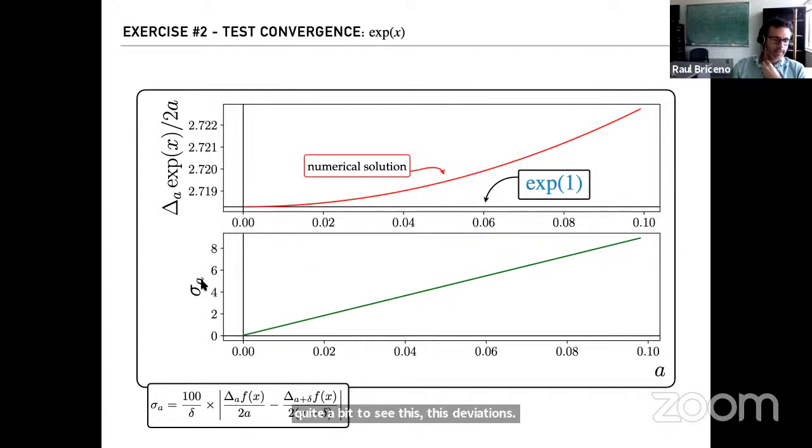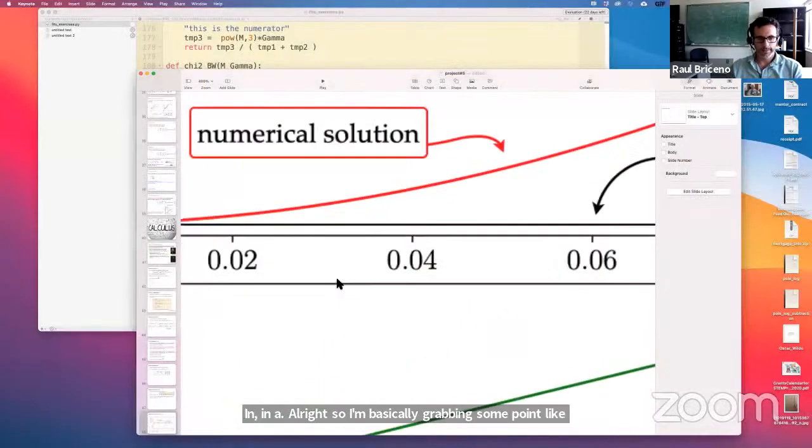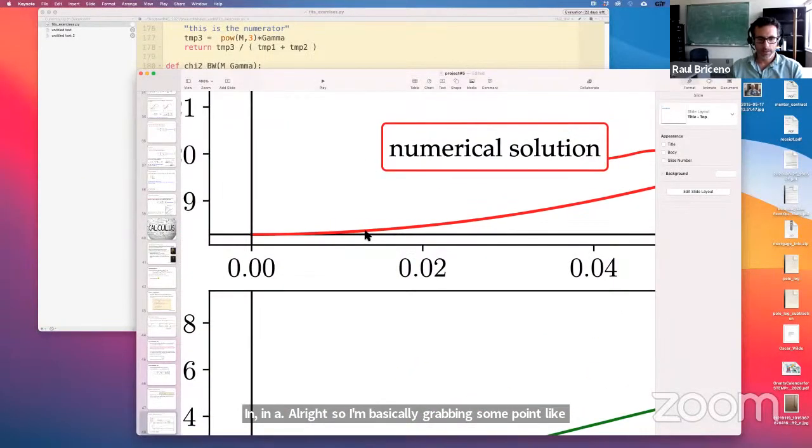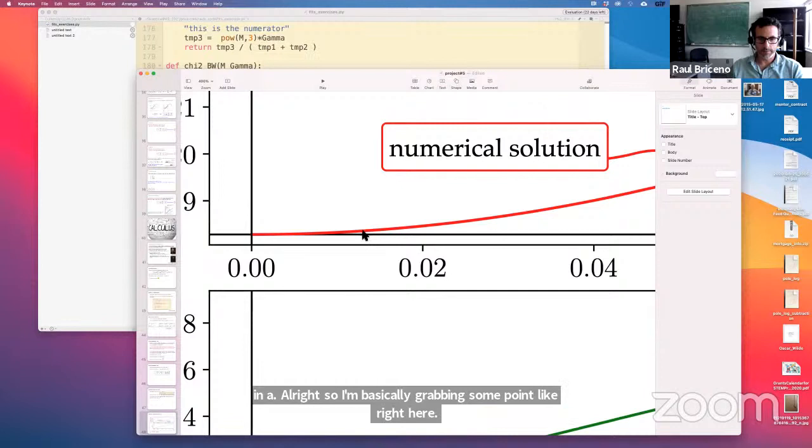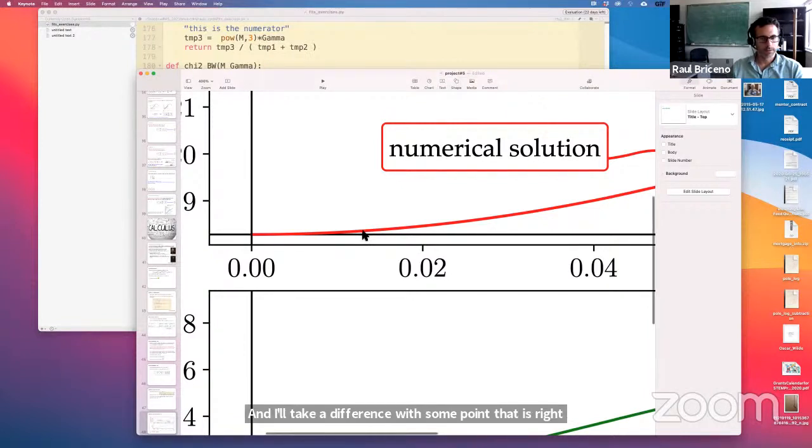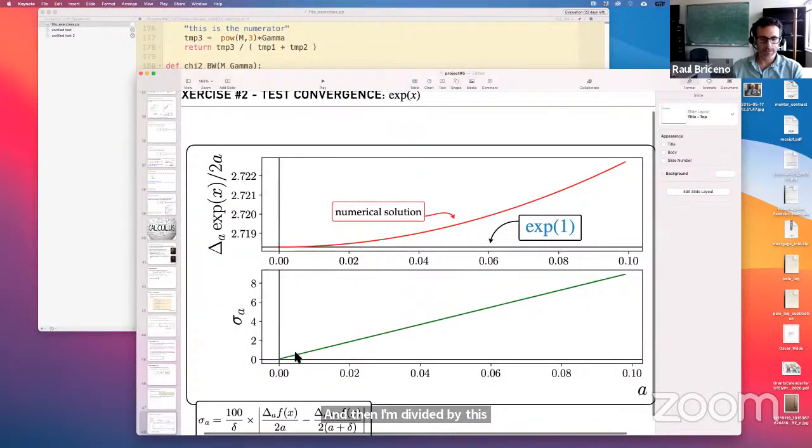What is being plotted on the bottom is the derivative of that curve, with the difference between that and the nearest step in a. I'm basically grabbing some point right here, taking the difference with some point right here, and then dividing by the distance. That's all this is.